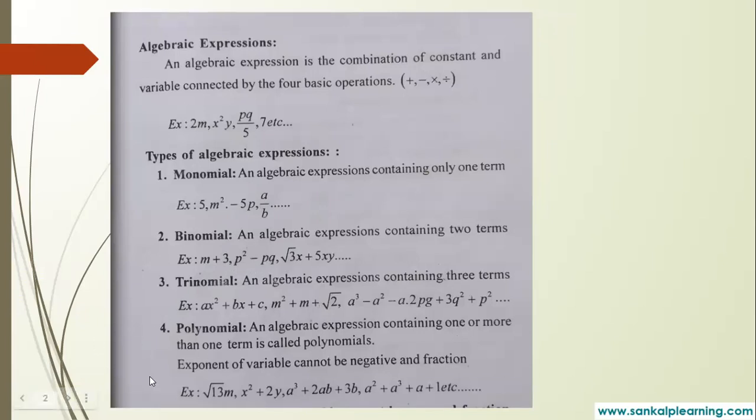Binomial, trinomial, polynomial means containing more than one term. We commonly call all of these polynomials. What is the condition? The exponent of the variable cannot be negative or a fraction. A negative number or a fraction should not come.